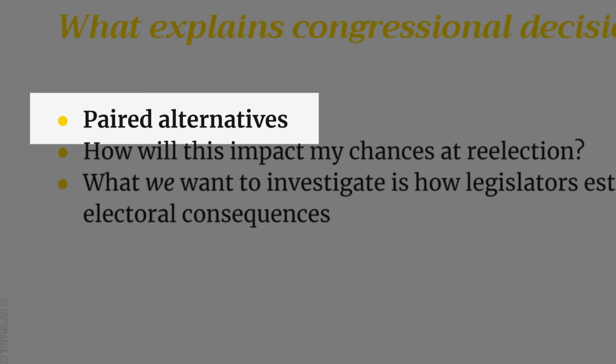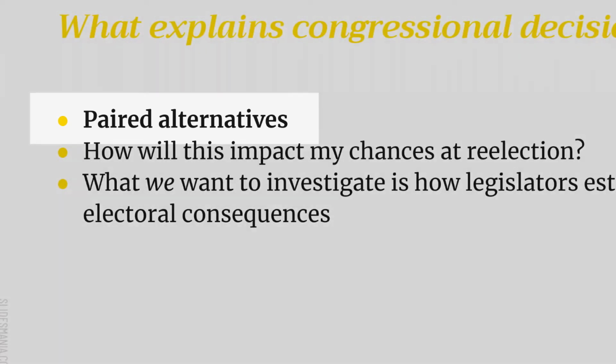They can vote to recommit a bill or vote to allow it to pass out of committee, right? They can accept or reject procedural motions. All the decisions that they're faced with are either yay or nay, right? And they're faced with them constantly, but they're always paired alternatives. It's either this or that, and that's key.